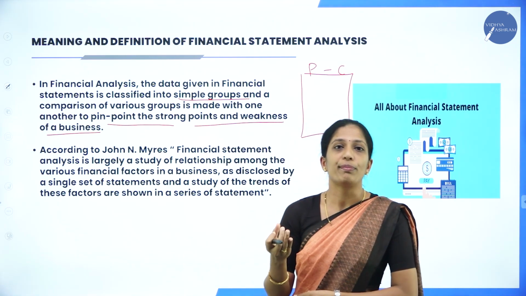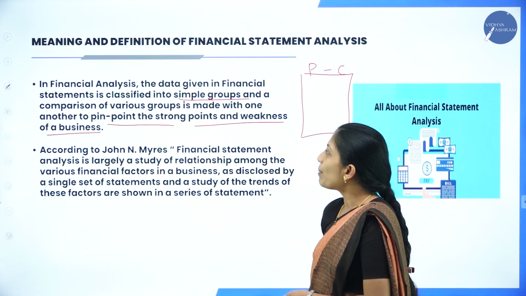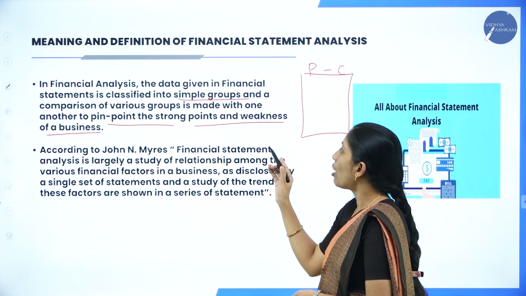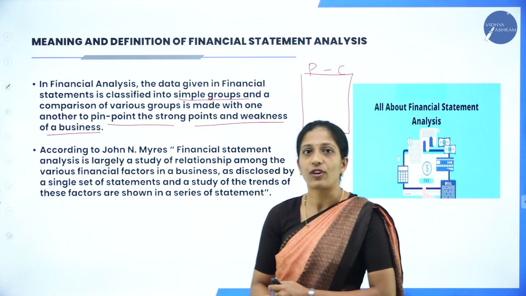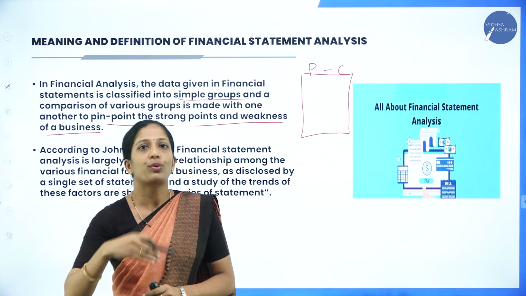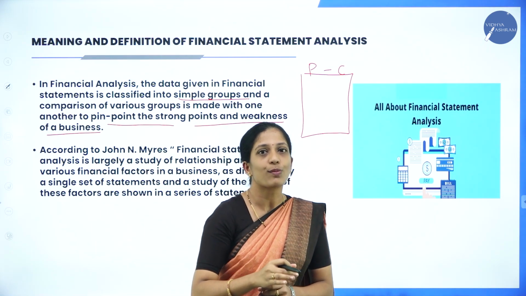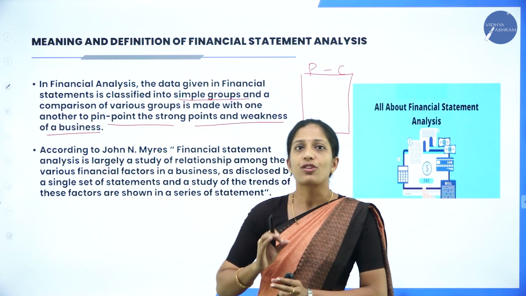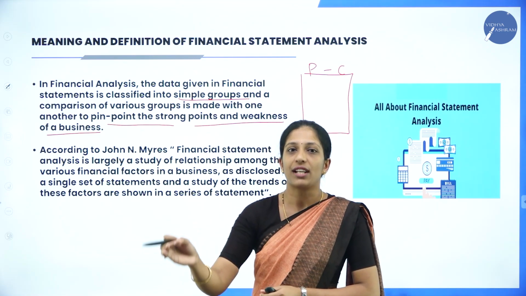A comparison of various groups is made with one another to pinpoint the strong points as well as weaknesses of the business. For example, you can compare your current assets and current liabilities. Which is more, whether the current assets are more or the current liabilities are more. Such grouping can be done, and you can compare each and every item.